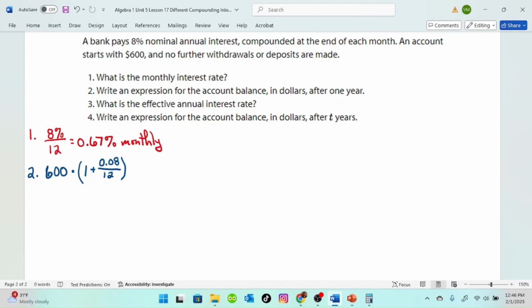And then, because we are doing this for 1 year, and because this is monthly, my exponent is going to be 12, because I'm going to apply this interest 12 times.